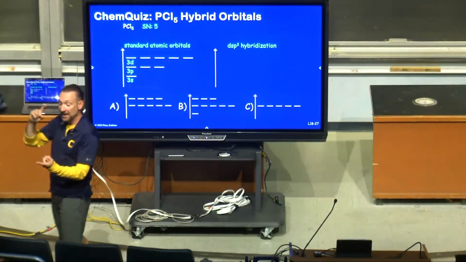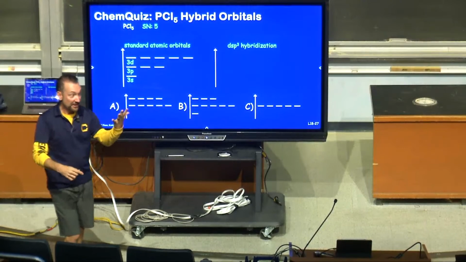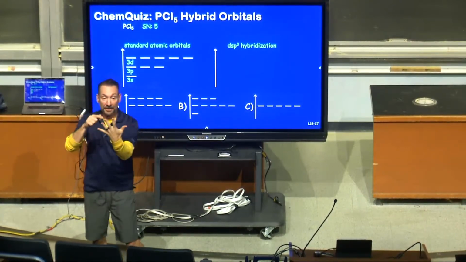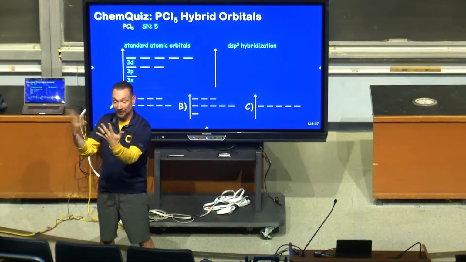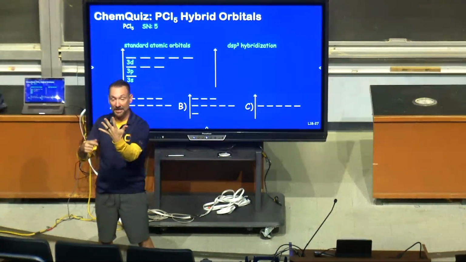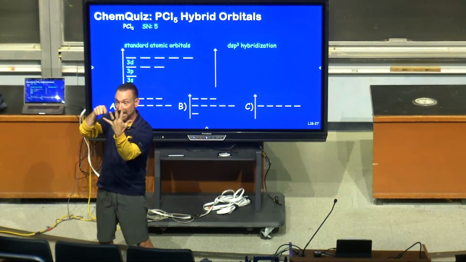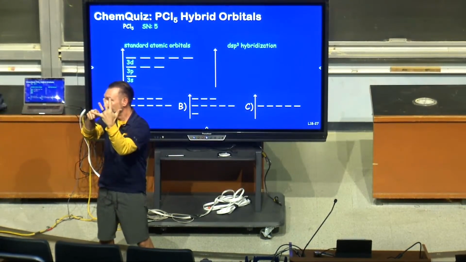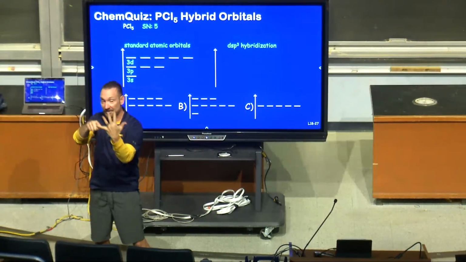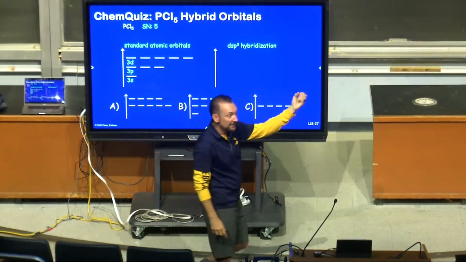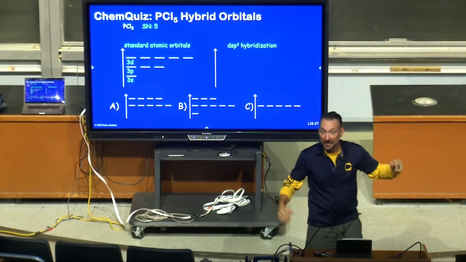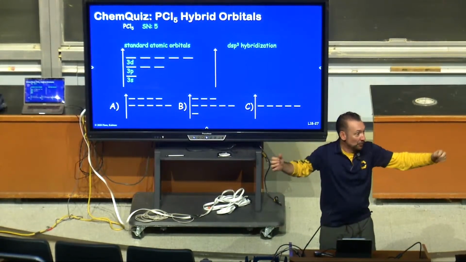We've told you, I need 5 things. Start from the bottom. I need 5 orbitals. I'll take the lowest 5 I can get to make my hybrids: S, P, P, P, that gets me 4, and a d. That gets me 5 atomic orbitals that I can add and subtract in 5 linear combinations to get 5 new atomic orbitals.